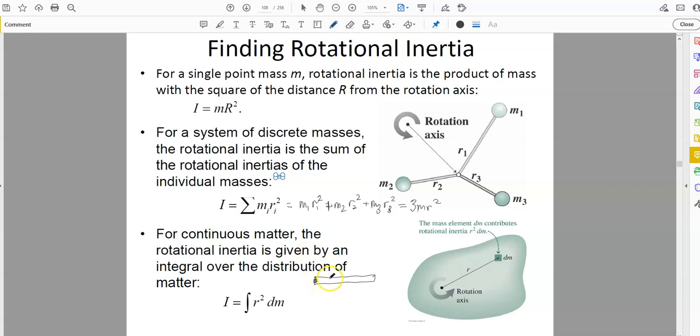So this would be a nice linear mass density, lambda, right? And that would be the length, and let's say the mass is evenly distributed across this. So this chunk right here, let's just take chunks. This chunk's mass is equal to this chunk's mass is equal to this chunk's mass.